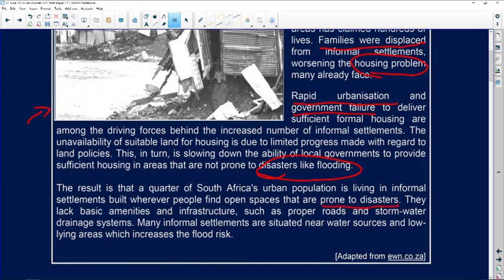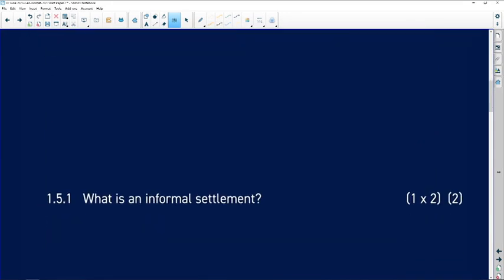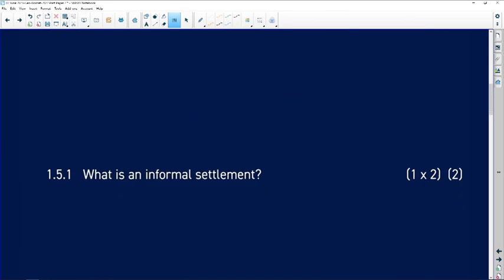Like I've mentioned, if you look at the concept of an informal settlement, they lack basic amenities and infrastructure, like proper roads and stormwater drainage systems, even sanitation, clinics, etc. If we look at the questions that's being asked, an informal settlement is one that lacks basic needs and services.